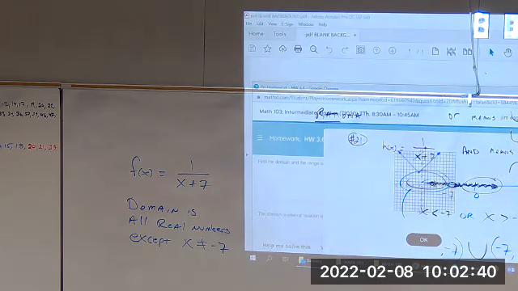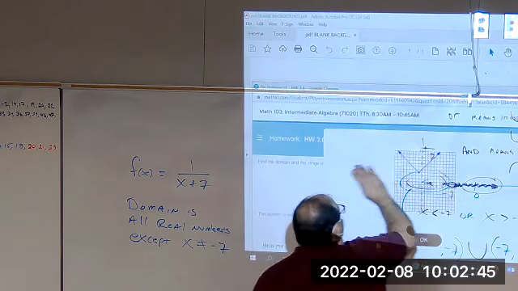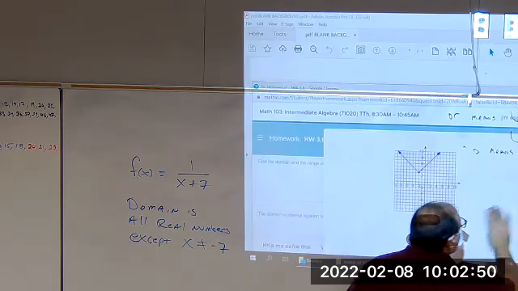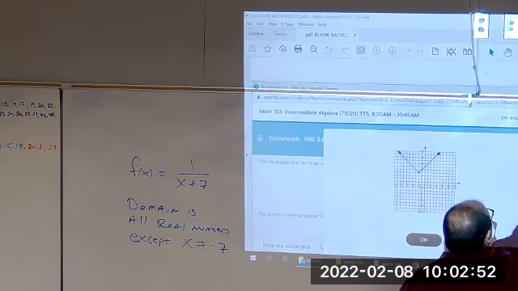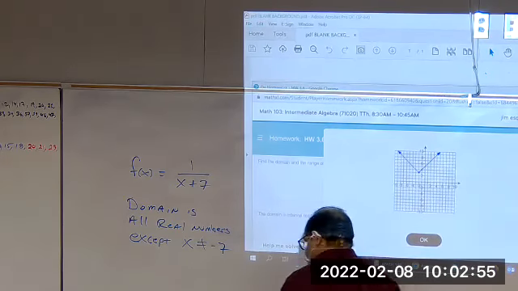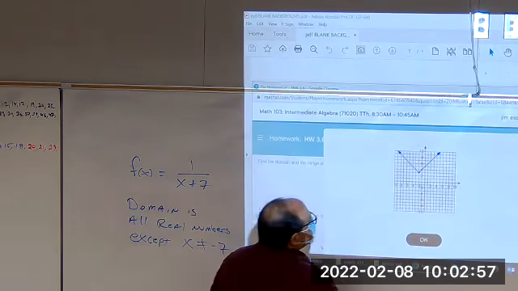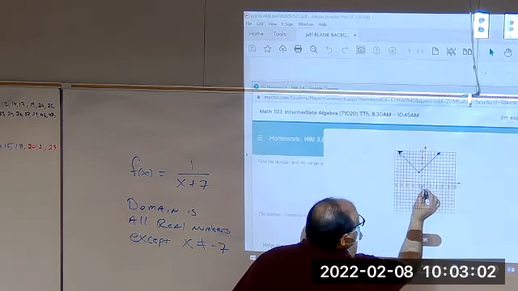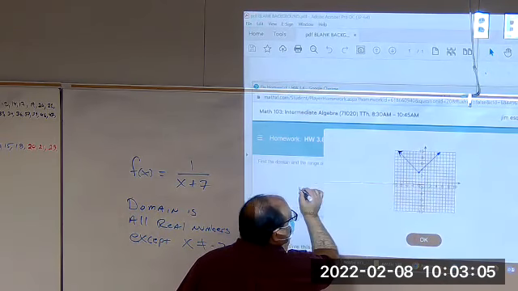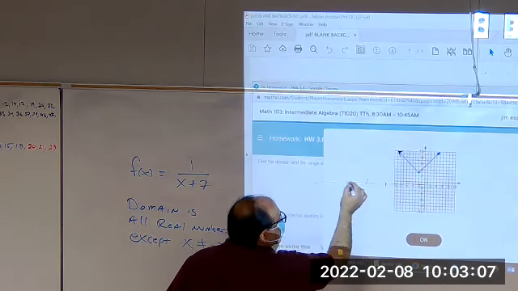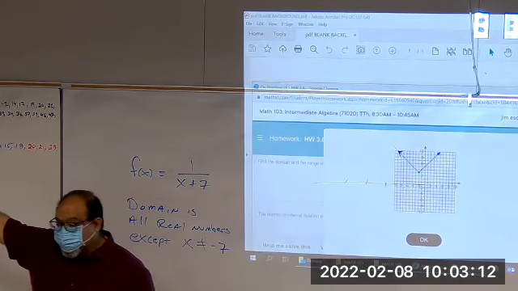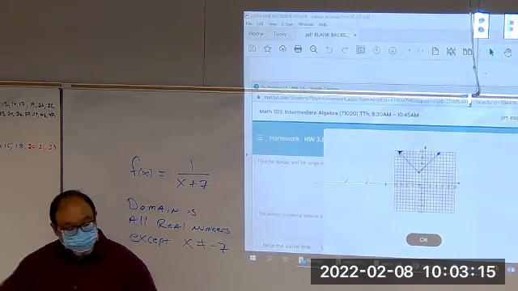Domain and range. Domain is the x's. And you don't have a graph or an equation or a function given to you. You just have a picture to look at. Sometimes that's easier. You see how this arrow is going forever to the left? That means every single x coordinate eventually is going to have something up there. So it's using every single x to the left to negative infinity.